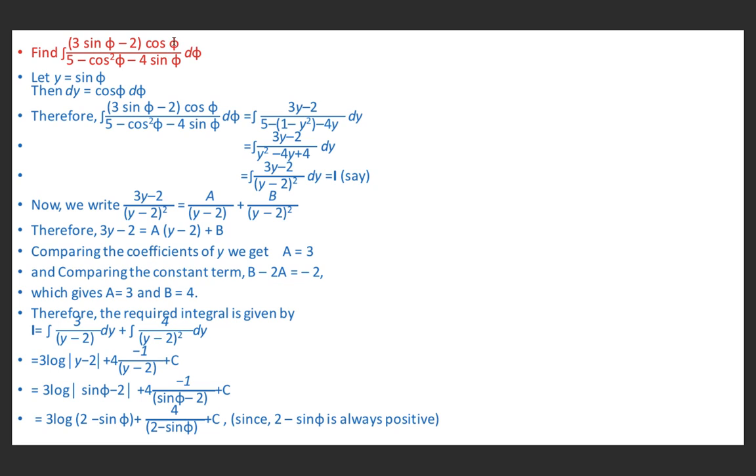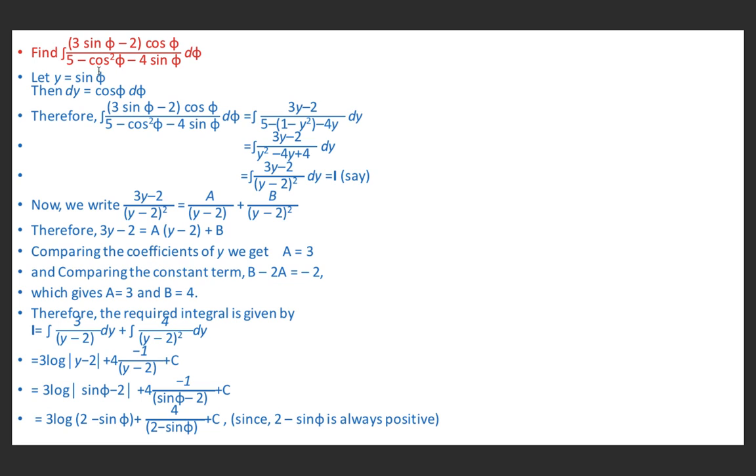Because here it was cos phi, that's why I have taken sine phi to be y. So this integration is equal to 3y minus 2, because sine phi is y, and cos phi d phi is dy.